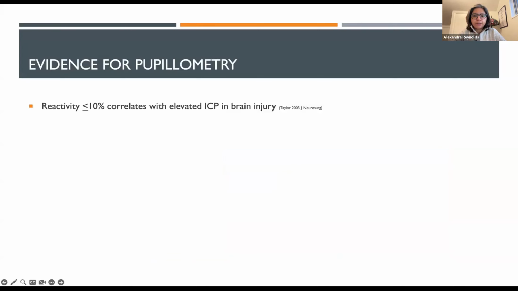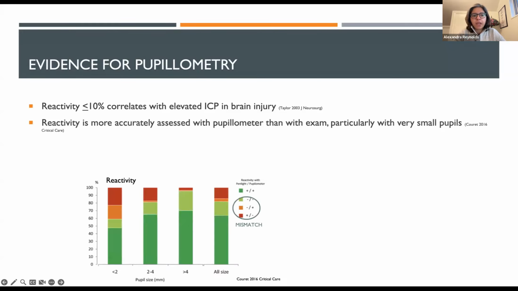So is there any evidence for this besides just being able to document it well? Yes, in a lot of different disease processes, we know that a percent reactivity of the pupil of less than 10% correlates with elevated ICP in brain injury. We know that reactivity is more accurately assessed with the pupillometer, especially when the pupils are super small.